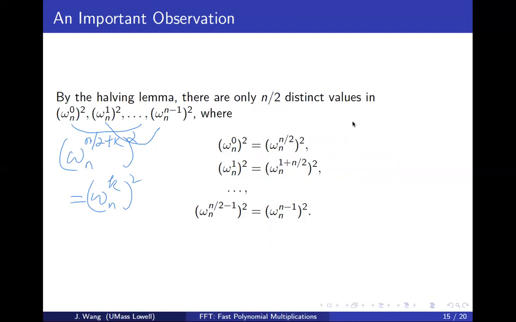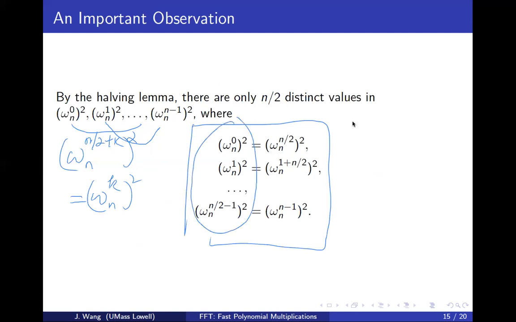This will be equal to something else. So only n over 2 many points are different. Okay. So these are the points. So these are the equal points. So these parts are different. So these are different. That you have n over 2 distinct values.